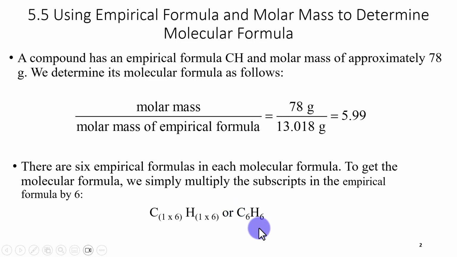And my molecular formula then becomes C6H6. To double check yourself, you can calculate the molar mass of this compound, and it should be approximately, you guessed it, about 78 grams. So go ahead and try that. Figure out how much C6H6 weighs. See if it is approximately 78 grams per mole.